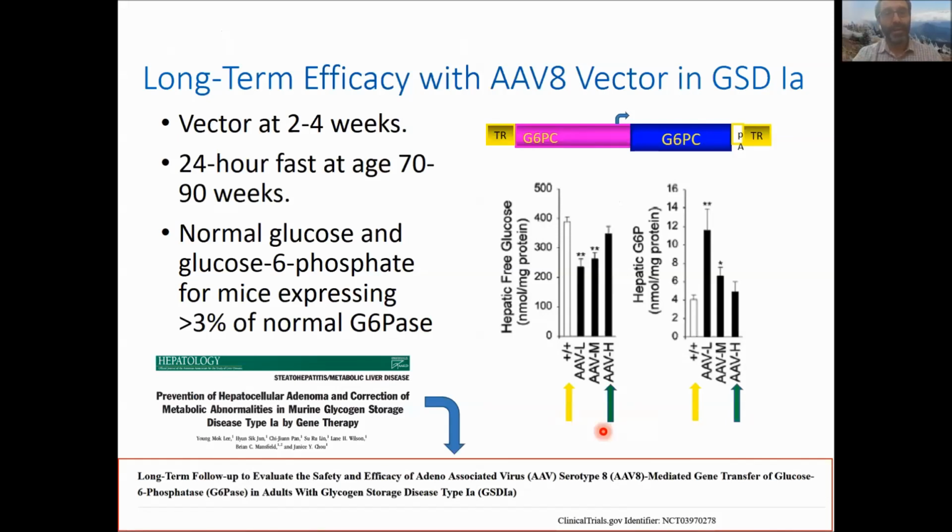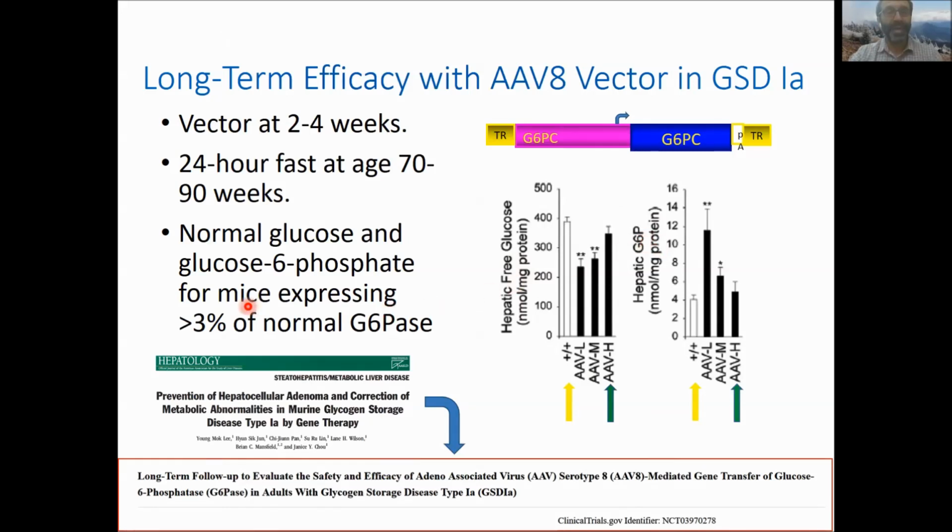Then on the other hand, a related and similar study from Janice Chou's group at NIH showed that with vector administration at a high dose early in life, again, 2 to 4 weeks of age in infancy of a mouse, they had a correction in the liver where the liver free glucose and glucose-6-phosphate became normal.